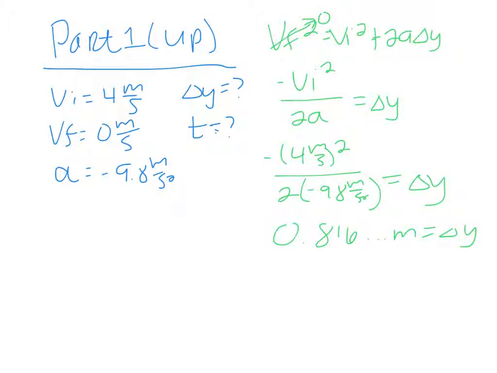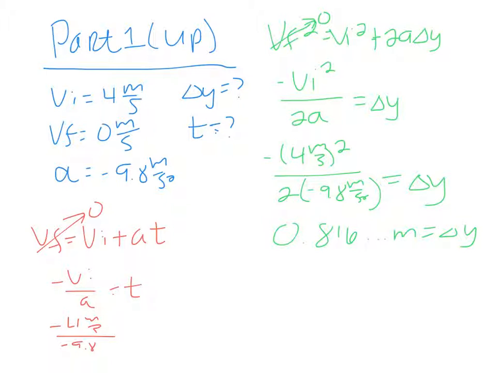I'm just going to use V final equals V initial plus at. Again, either one would have worked since we have delta y. So V final is 0. V initial, we don't have time. So negative V initial over a equals time, negative 4 meters per second divided by negative 9.8 meters per second squared, running out of room, equals your time.